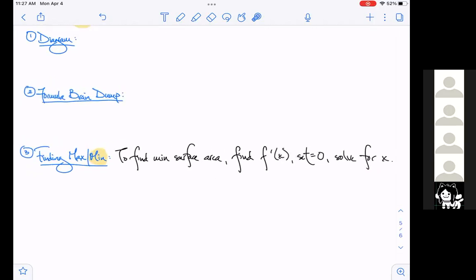All right. Well, I think that actually helps us with this brain dump a little bit, this formula brain dump. What might be a good equation for us to write down?